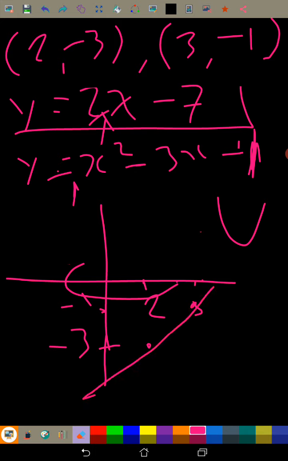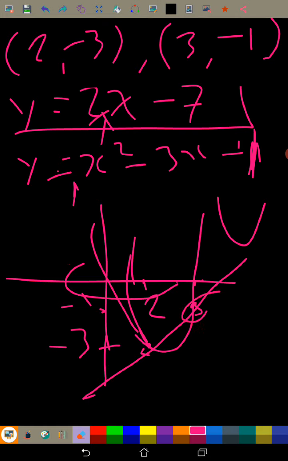So the line is somewhere here, and definitely the curve should be here. So something is happening here. These are the two coordinates that we've got.